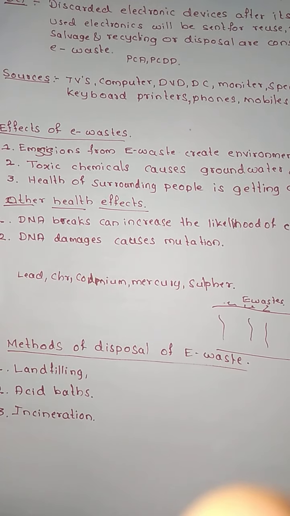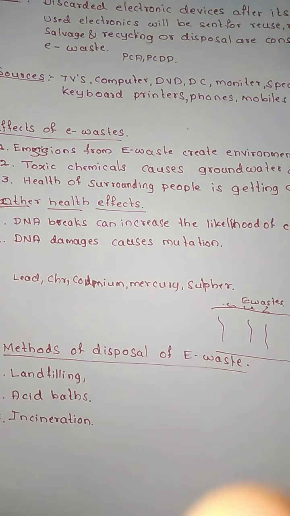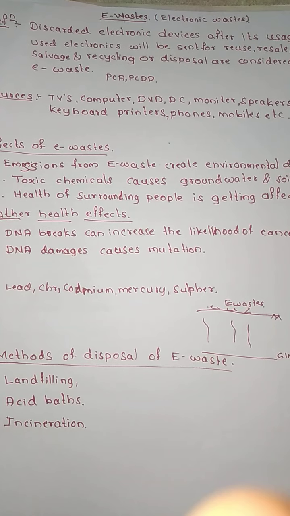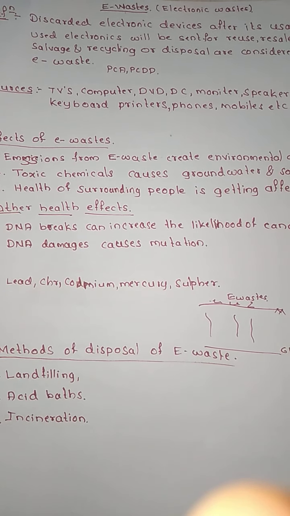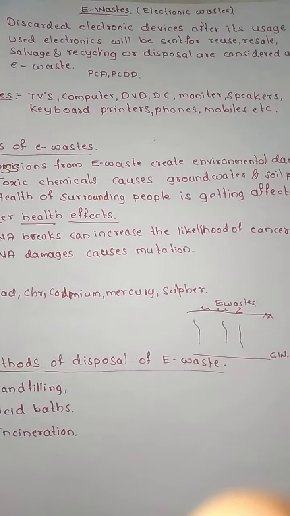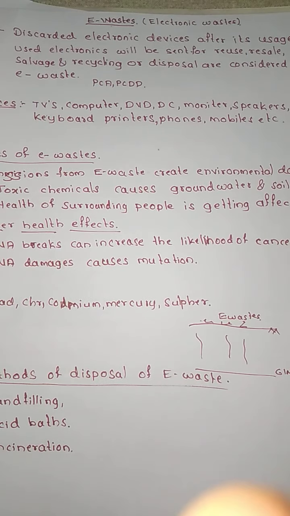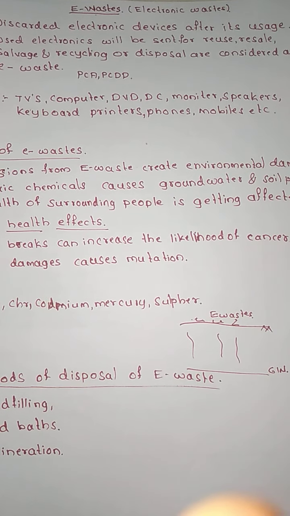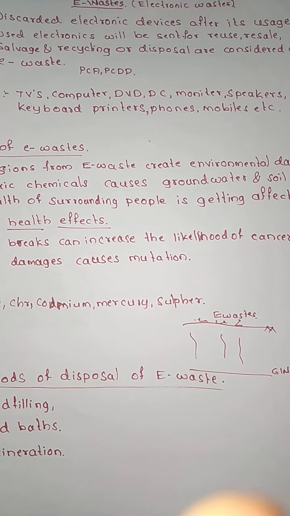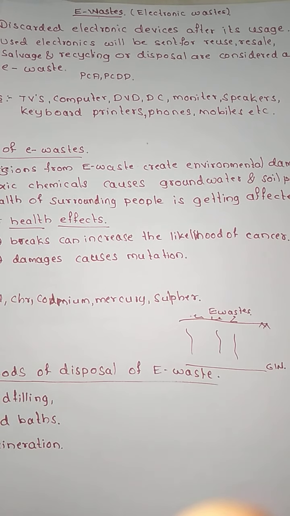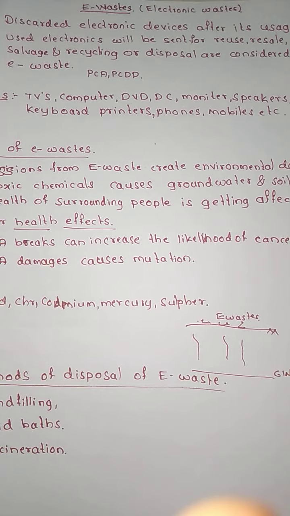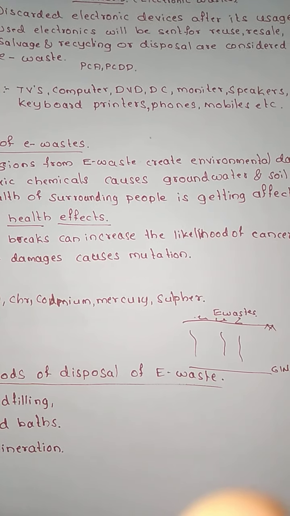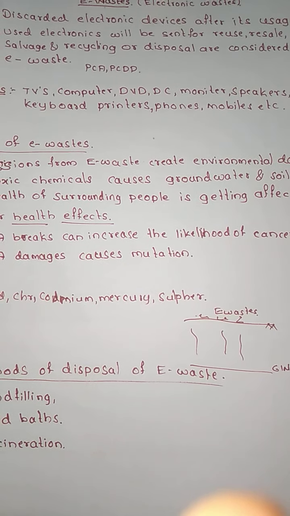Now, as I have told, we have completed the definition and the introductory part. Now we are going to see the sources of e-waste. The sources are your TVs, computers, DVDs, monitors, speakers, keyboards, printers, phones, mobiles, etc. There are n number of such devices which are used.